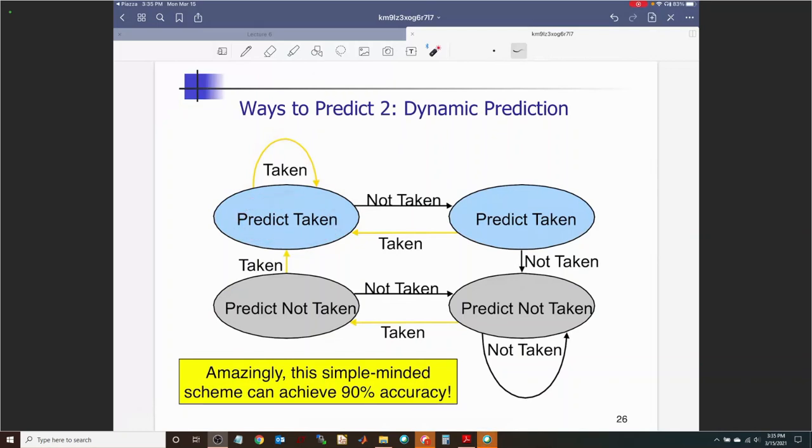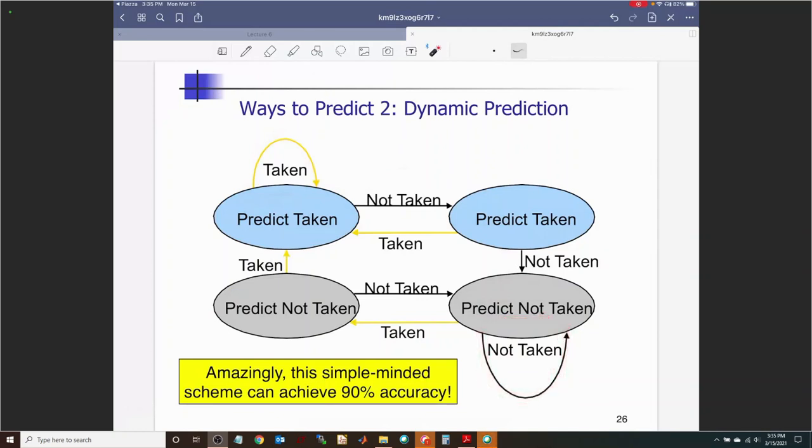But for you to go into predicting that the branch is not going to be taken, you need two incorrect predictions. One not taken, the other not taken. So two incorrect predictions will land you in this new state called predict not taken. When you are in this state, you can start predicting that the branch is not going to be taken. And if you continue to get not taken, you stay there, right?